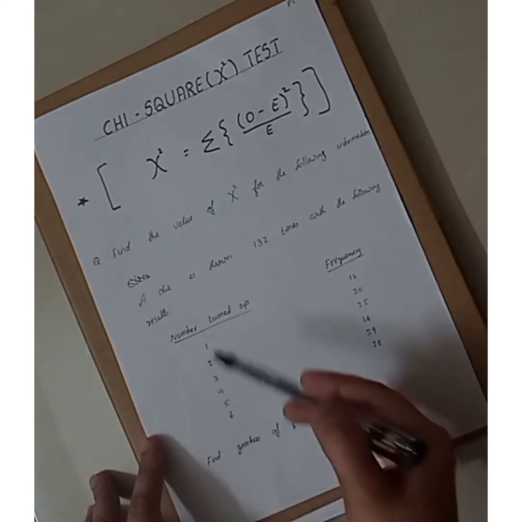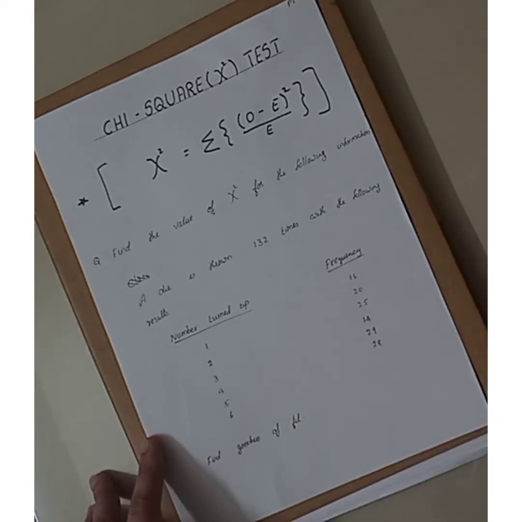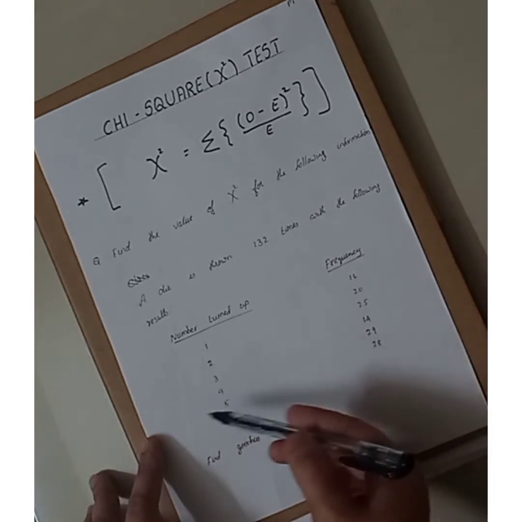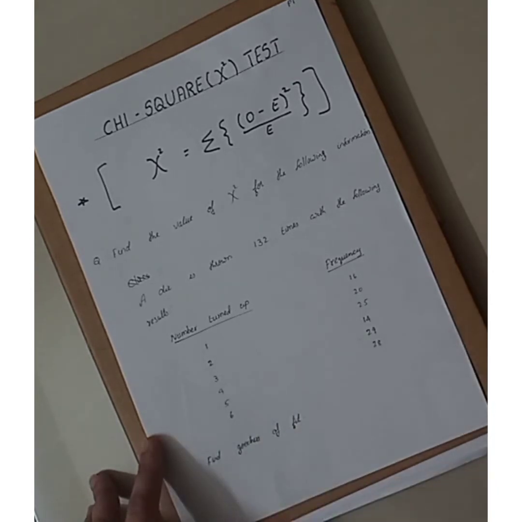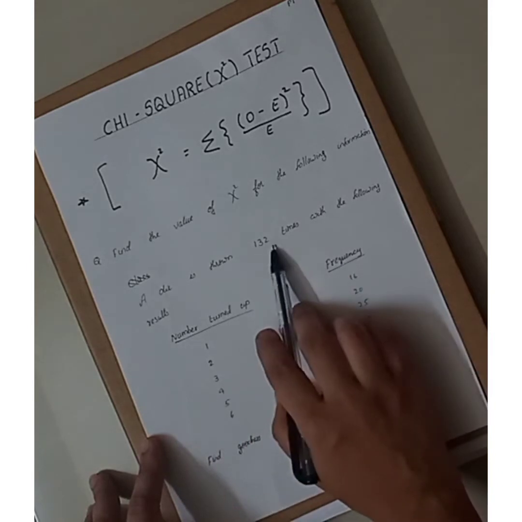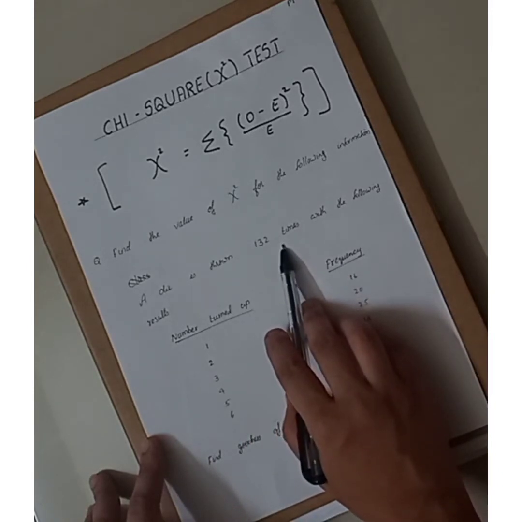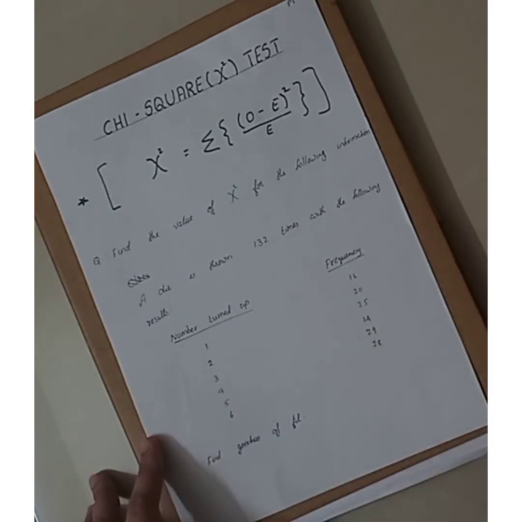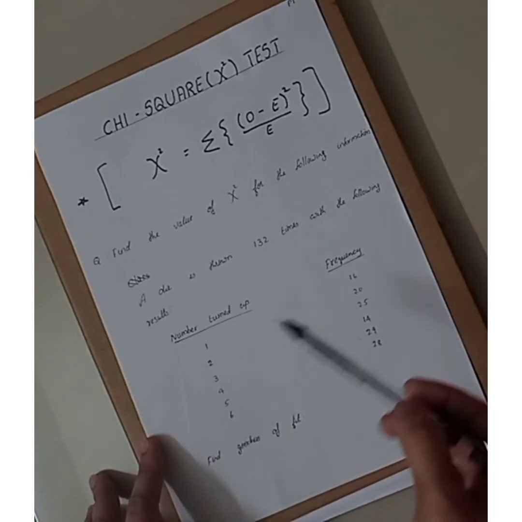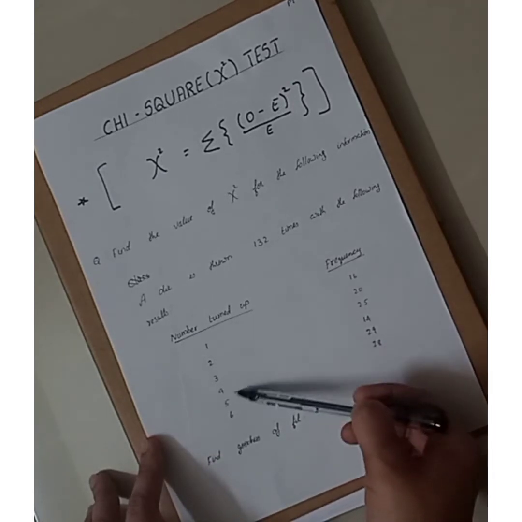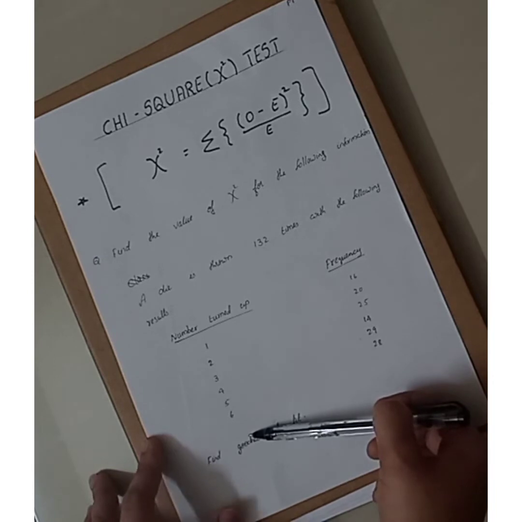That means once we throw a die, the probability of getting 1, 2, 3, 4, 5 or 6 will be 1 by 6, because it has 6 faces. Now the die is thrown 132 times, so 1 by 6 into 132 will be the expected frequency of getting each number.